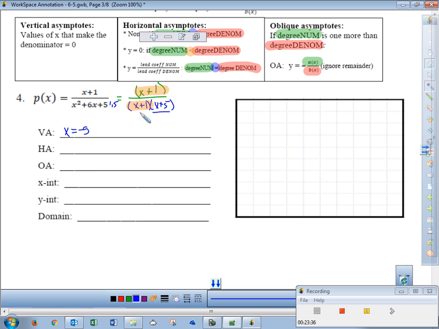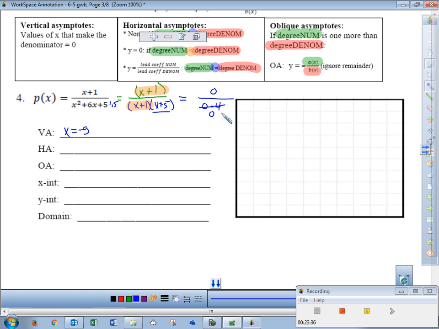Would everyone agree that x equals -1 makes this orange guy down here 0, right? So I'd get this. Just don't write this down, but I'd get this. 0 times 4, because if I put -1 in there, wouldn't that little quantity right there turn out to be 4? What would the numerator turn out to be? 0. And 0 times 4 is how much, my friends?